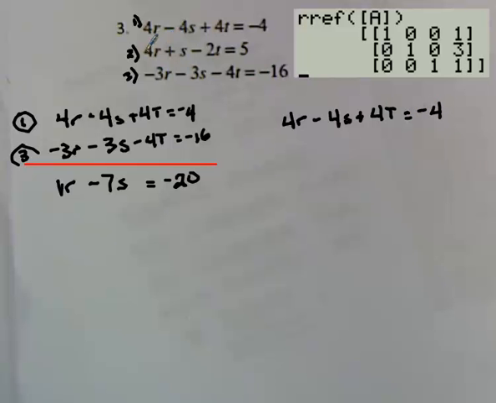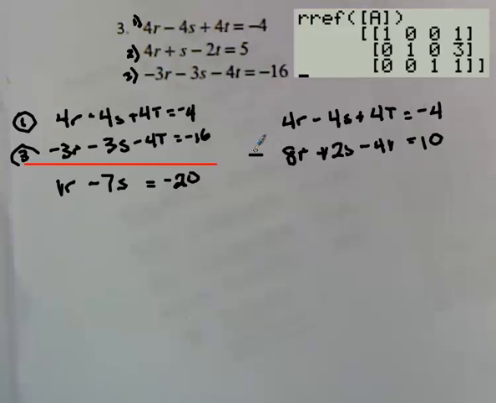And I take equation number 2, and I need to create opposites. So you notice this is a positive 4t. That's a minus 2t. If I multiply this second equation by 2, this would be 8r plus 2s minus 4t equals 10.